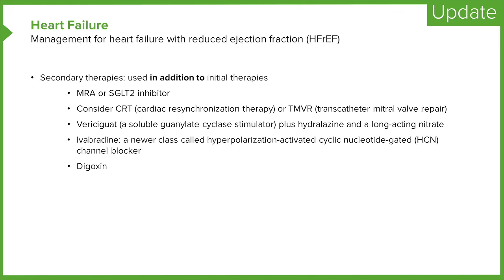If beta blockers are either contraindicated or have caused problems, then you can substitute a slowing drug using ivabradine. Digoxin can be added to patients with end-stage heart failure who are not doing well despite optimal other pharmacologic therapies, as well as cardiac resynchronization therapy.